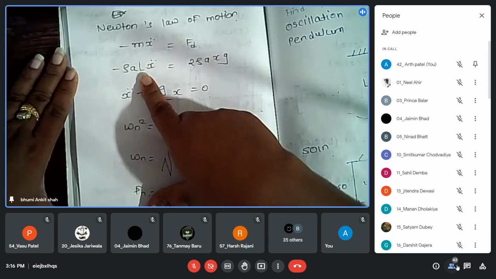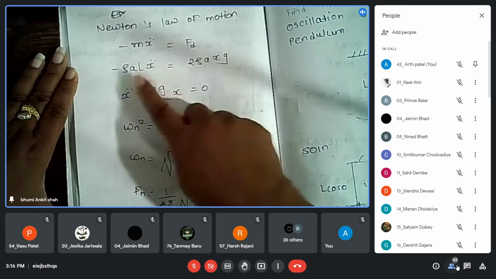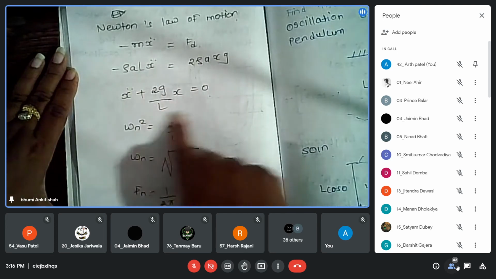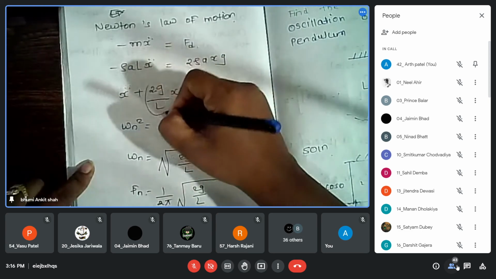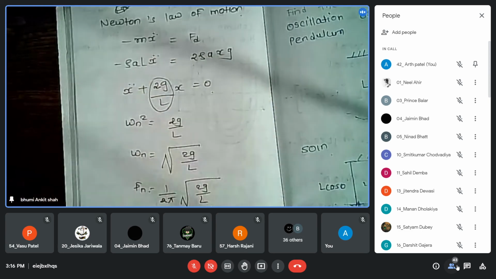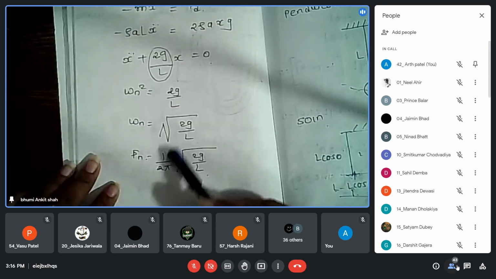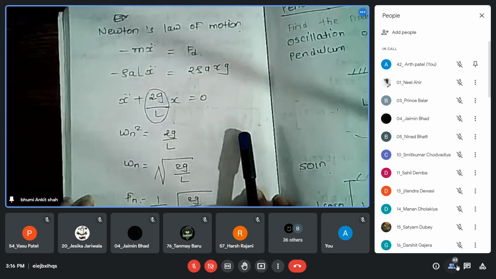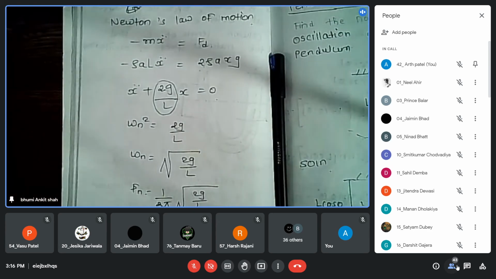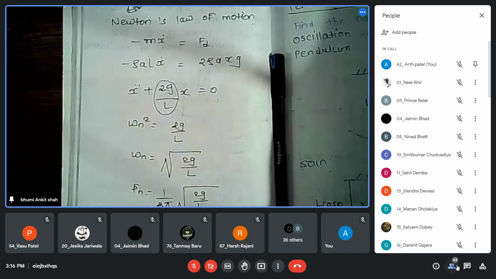Because the column length is L. So equate it and get your equation in this form. So this is your natural frequency omega n square, and omega n equals under root 2g by L, and the frequency of oscillation is simply 1 upon 2 pi times that, right? So a simple fluid problem can also be solved by using this method.